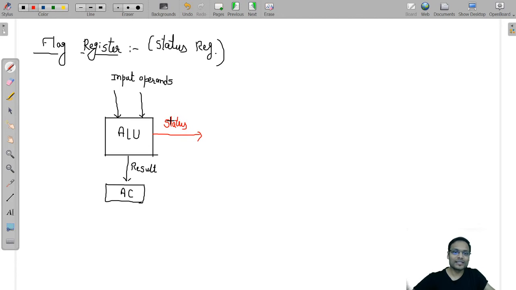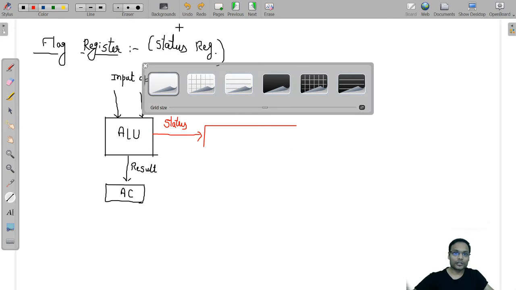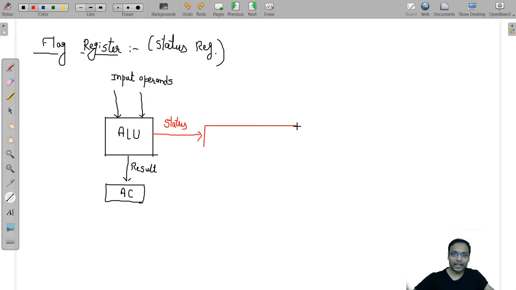Now what is this, the status of the result? Okay, let me first draw my diagram and after that I'll explain what the status of this ALU result is. Okay, fine. So this is the status register where the status is stored.